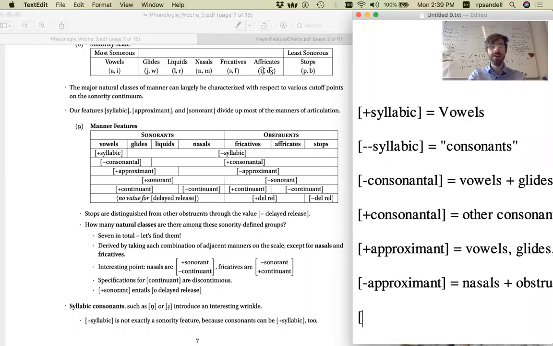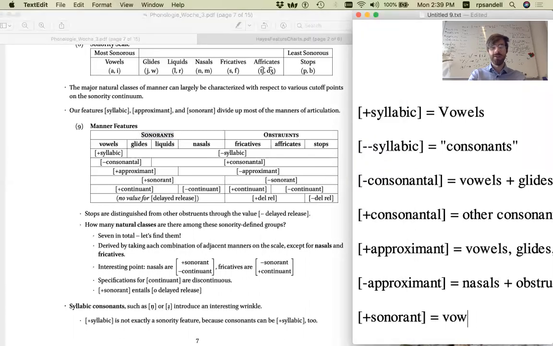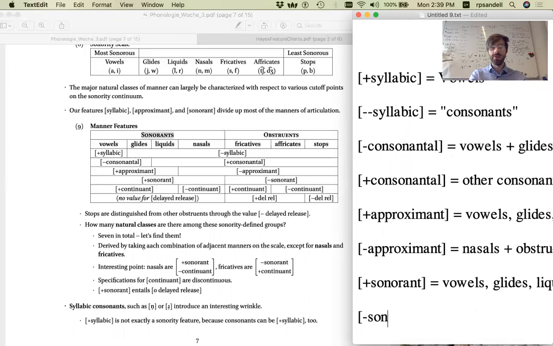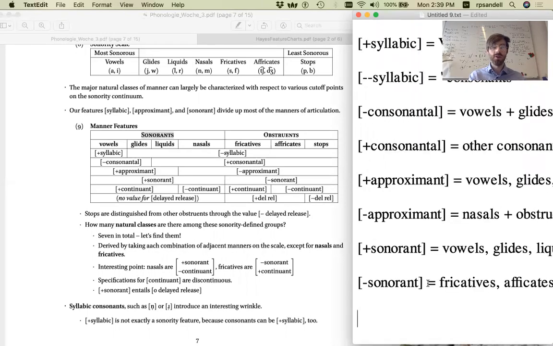And then finally, if we come down to the feature sonorant, then we have the sounds labeled up here as sonorants, the vowels, glides, liquids, and nasals, and the sounds which are non-sonorant, the obstruents, which are the fricatives, affricates, and stops.